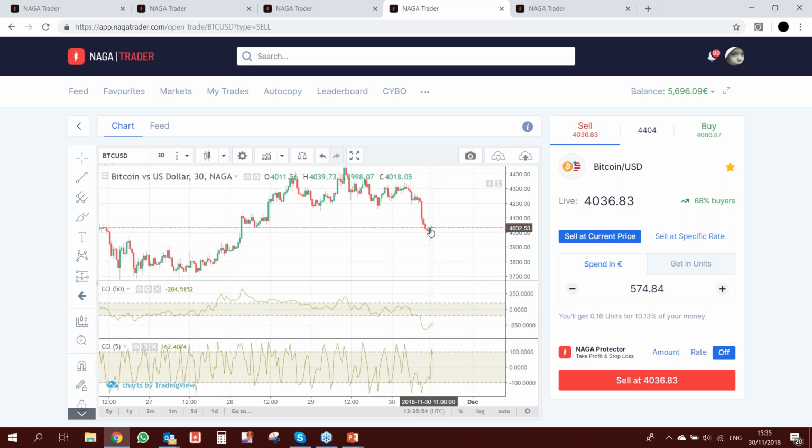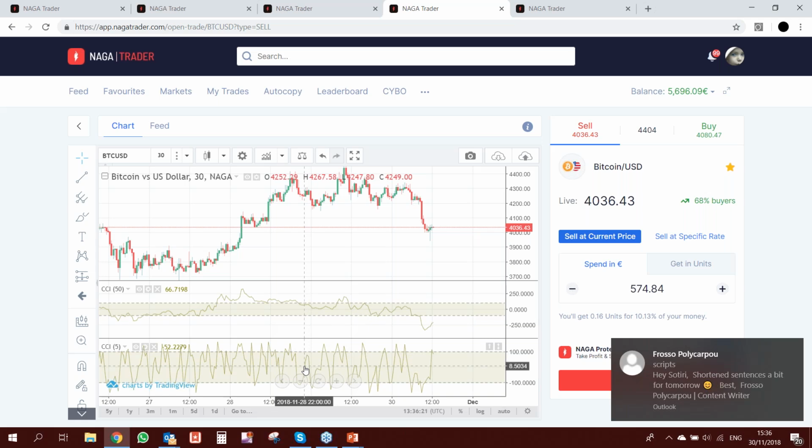So this can be, as we speak now, a good sell signal where we hope we might see another leg to the downside. Now, this is how we tend to trade the CCI, and by combining two indicators on the same chart.